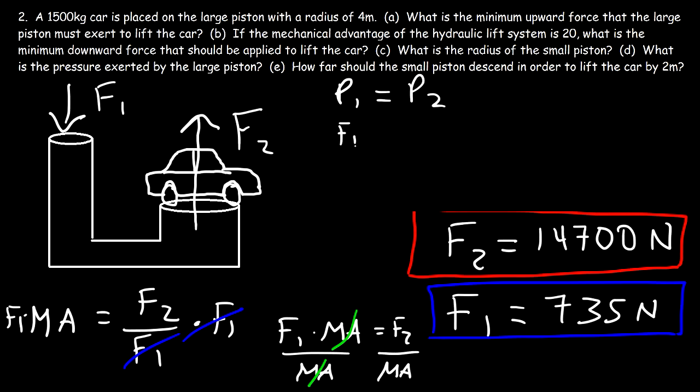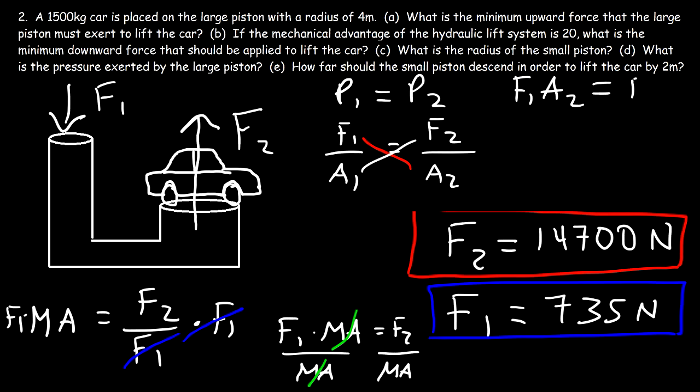So that means that F1 over A1 has to equal F2 over A2. Now I'm going to rearrange the equations. So first let's cross multiply. So first we have F1 times A2, and that's equal to F2 times A1.